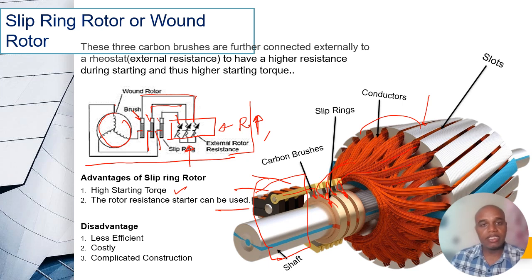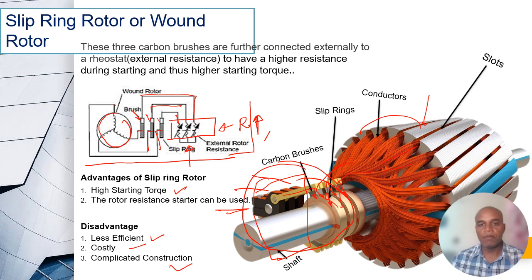That is the advantage in the case of the slip ring rotor. But it is less efficient because of the brushes, and costly because of this arrangement of the brushes and the slip ring, and it has a complex, complicated construction.